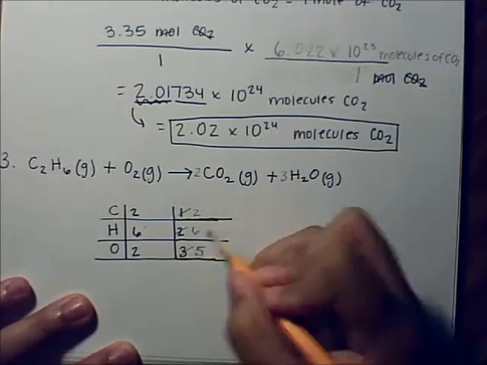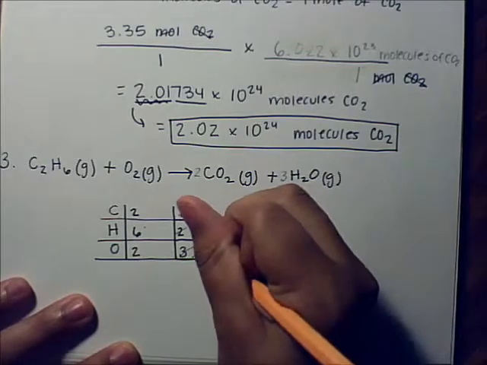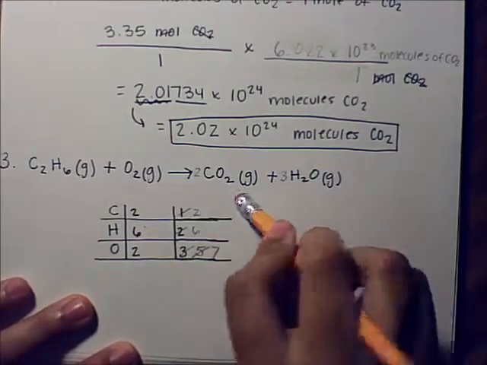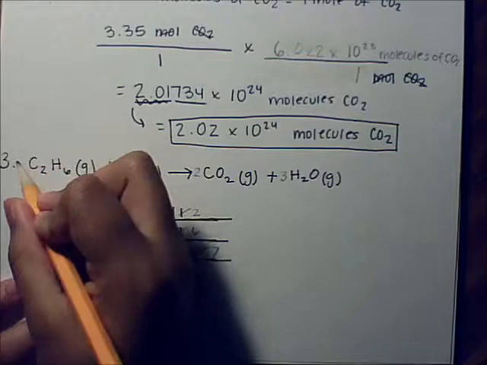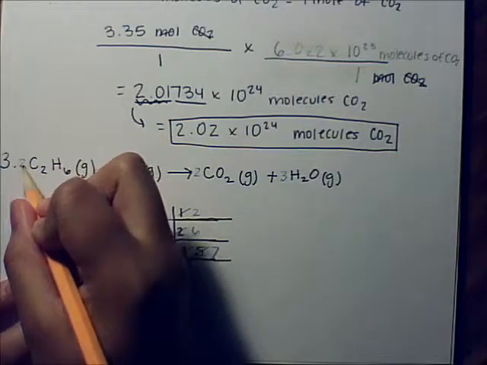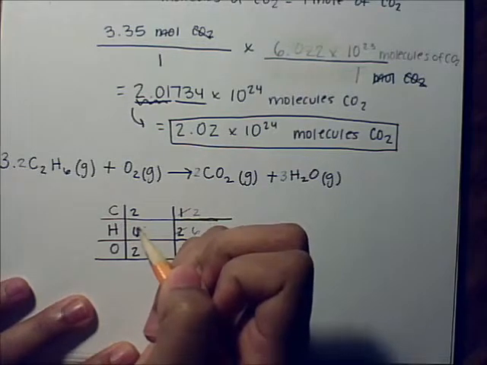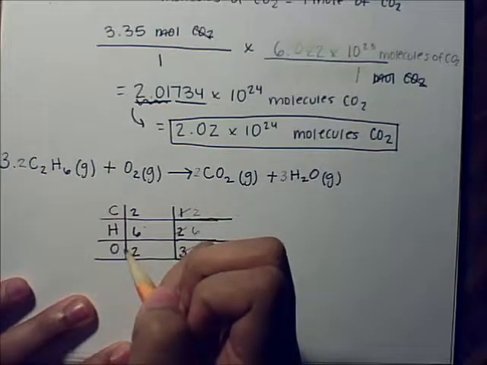But now you got to rebalance the 5 to mark it out. 4, 3, that's 7. But you can't do that. So you gotta multiply all the coefficients by 2. There you go. When you get to a point where you got an even number of oxygens on the left and an uneven number on the right, the reason you have an even number is because you got O2.